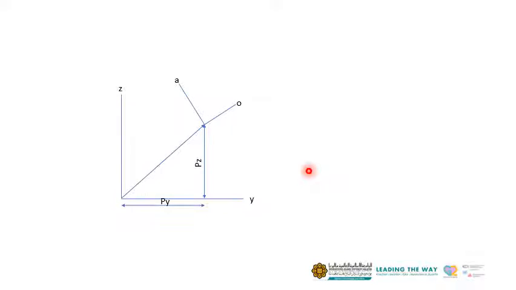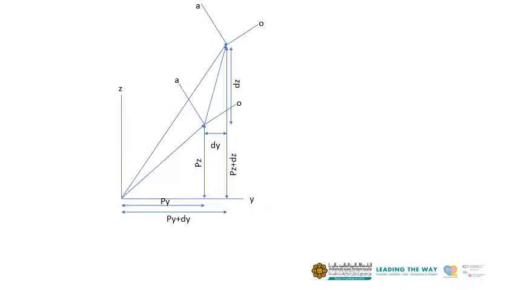Now I have moved it to another place without disorienting it, so it is a new position with dy and dz. Your new position of this frame origin with respect to the original frame of reference would be Py plus dy and Pz plus dz, which is the same as the one that we have derived in the earlier slide.